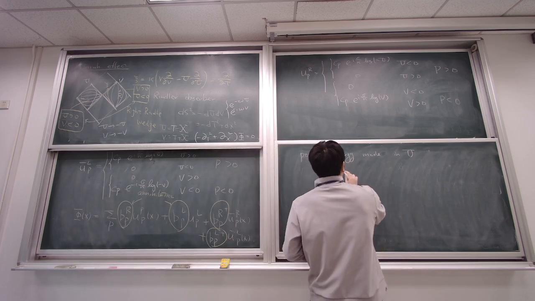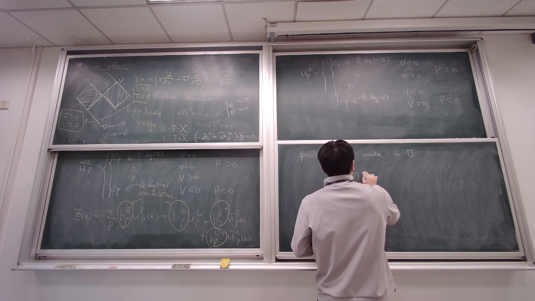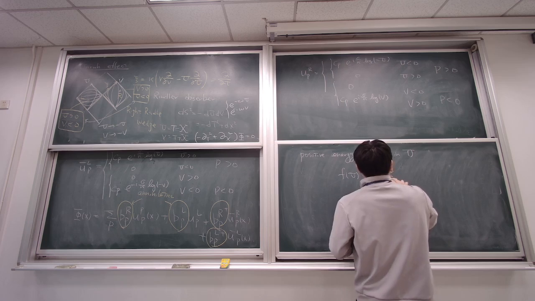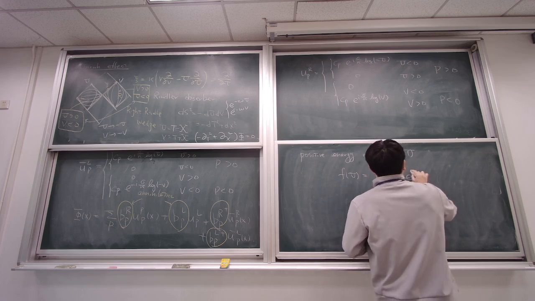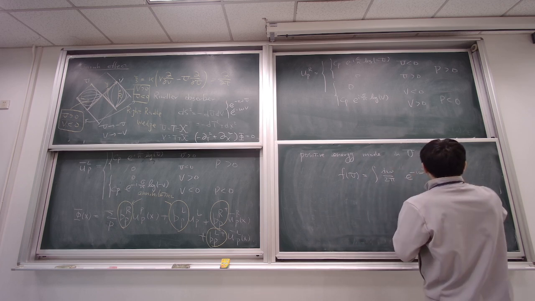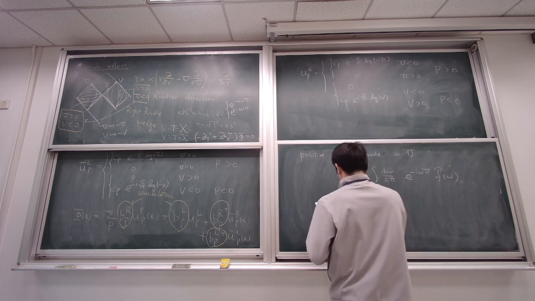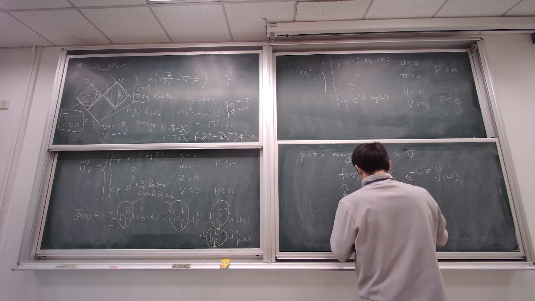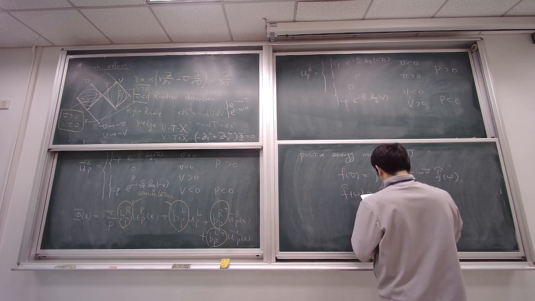Just consider that f of u has the following Fourier transformation: integral d omega over 2 pi, e to the minus I omega u, and f tilde of omega. And f tilde of omega is the dual Fourier transformation of f of u.